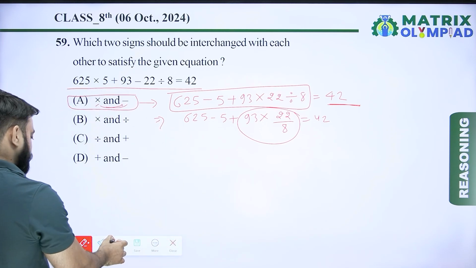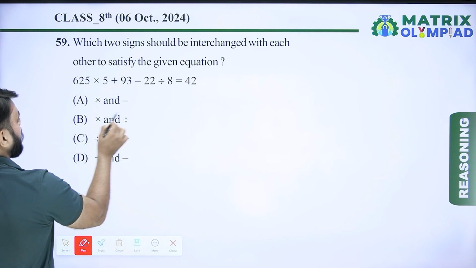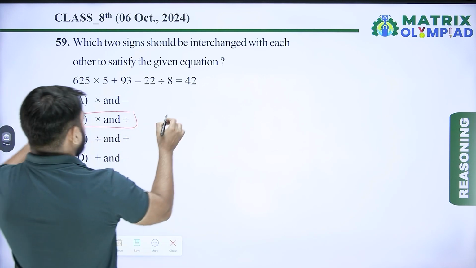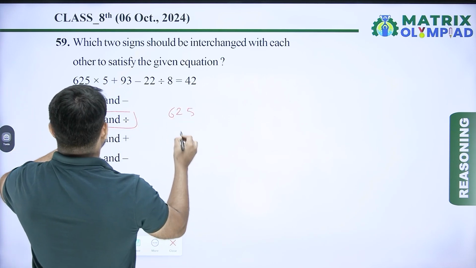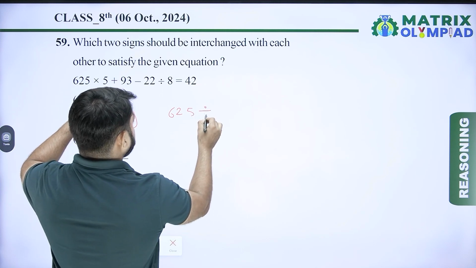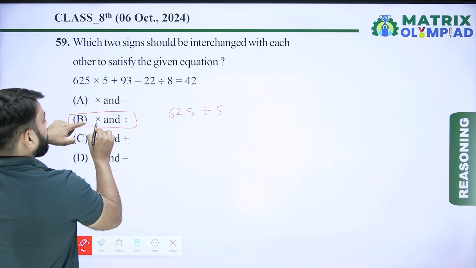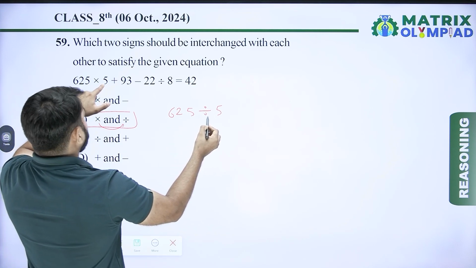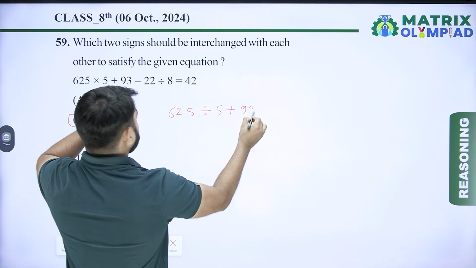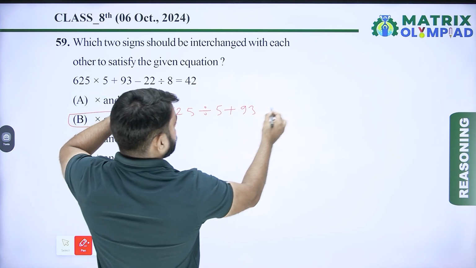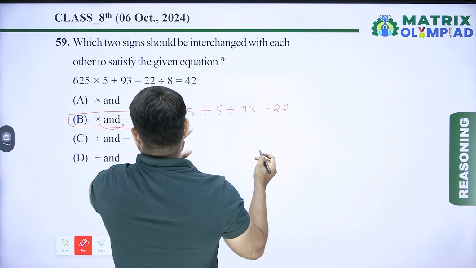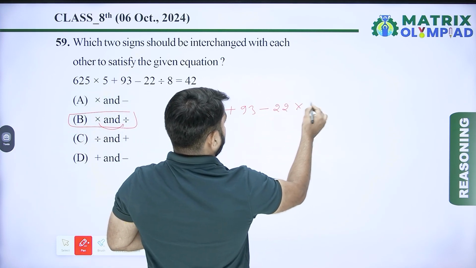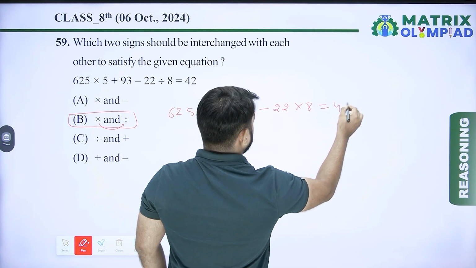So now taking option B. According to option B, 625 multiply becomes divide, so divide by 5, plus 93 minus 22, divide becomes multiply, 8 is equal to 42.